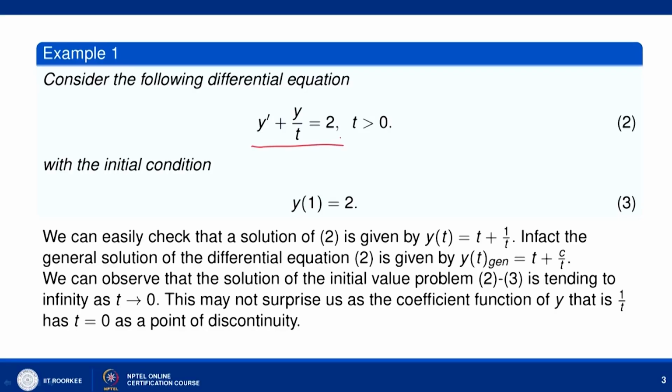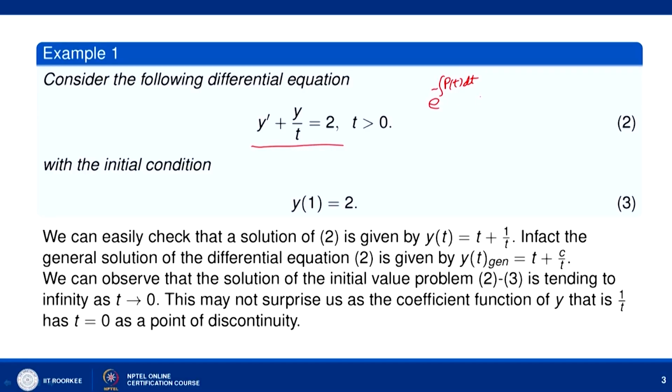In fact, this is a linear differential equation, y' plus y by t equal to 2, and you can find the integrating factor. The integrating factor is e to the power integral of p(t) dt, where p(t) is the coefficient of y, that is 1 by t.